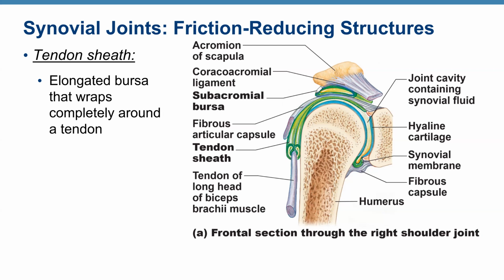It's subacromial, so it's under this acromion. Subacromial bursa, the sac of synovial fluid. And then, look, this is a tendon of a muscle, biceps brachii, and we have a tendon sheath. So again, it's an elongated bursa that covers this sheath completely, and inside it has a cavity, right? And it has synovial fluid. So that's for protection of tendon and ligaments and bones. Tendon sheath.